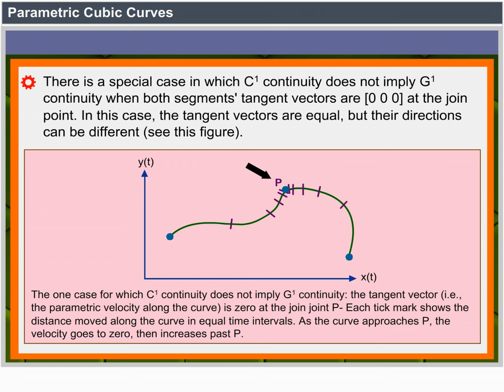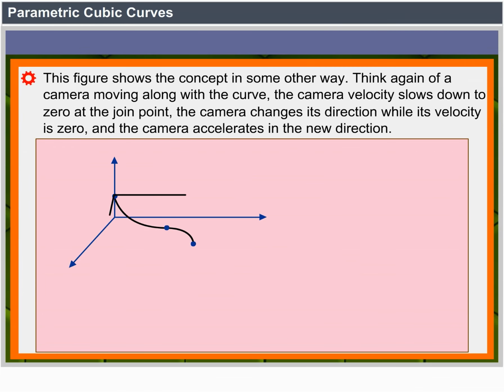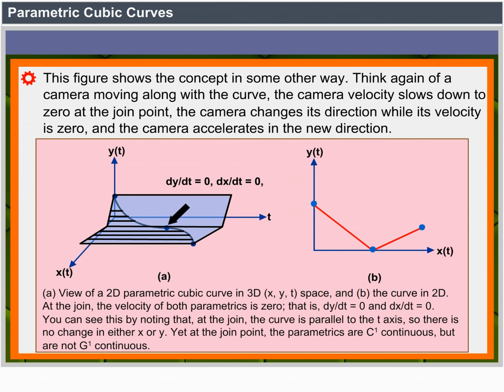This figure shows the concept in another way. Think again of a camera moving along the curve. Camera velocity slows down to 0 at the join point. The camera changes direction while its velocity is 0 and accelerates in the new direction. Figure A shows a view of a 2D parametric cubic curve in 3D x, y, t space, and B, the curve in 2D.